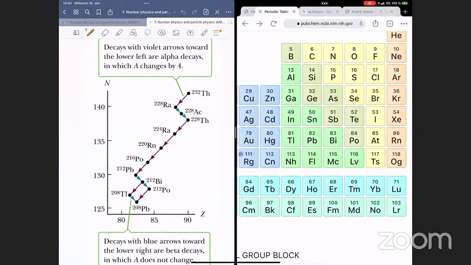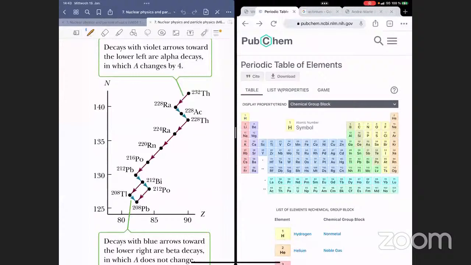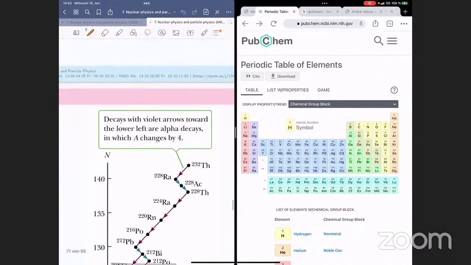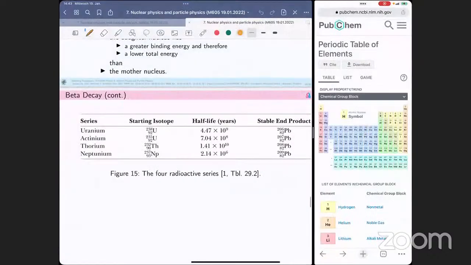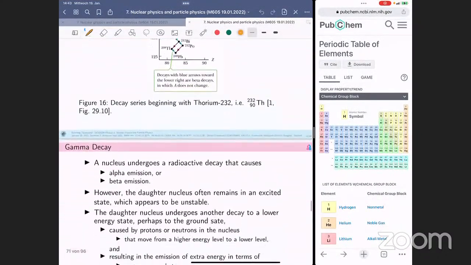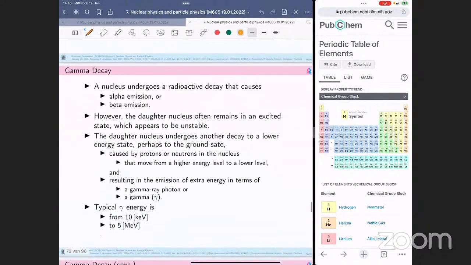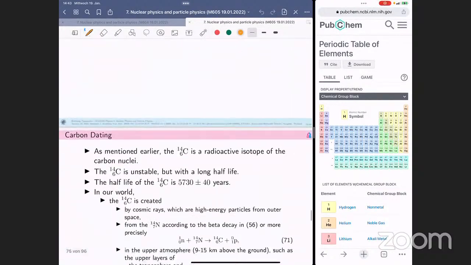Okay, all right. And that's the whole thing. You could see what happened in this series, the thorium 232, which is a quite stable version leading to this one. The gamma decay is already what M605 has considered.